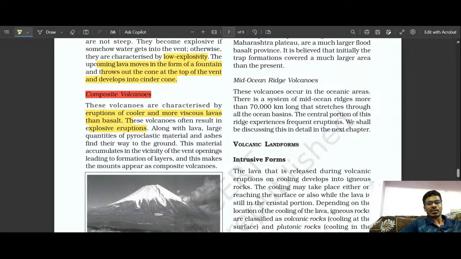Along with the lava, large quantities of pyroclastic materials and ashes find their way to the ground. These materials accumulate in the vicinity of the vent opening, leading to the formation of layers, and this makes the mount appear as composite volcanoes.